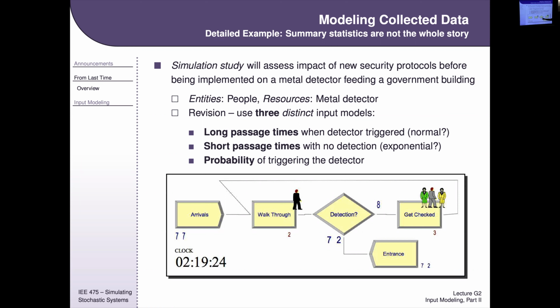And then I've got a probability, after I've gone through, of triggering a detection here. If I don't trigger it, I get to enter, say, the airport. If I do trigger it, I go through an additional checking process where they say, is there anything on your body, et cetera. You try to figure that stuff out. You end up putting it in the bin, and then you get sent right back through, and you walk through once again for additional screening.